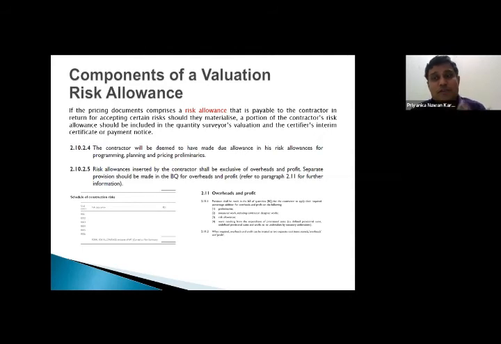So now, whenever there is a contractor who is trying to price this particular element, if he realizes that he doesn't have an approved applicator for this particular item, as you all know, any rate has got the material, labor, plant, overhead and profit, and then a risk factor.